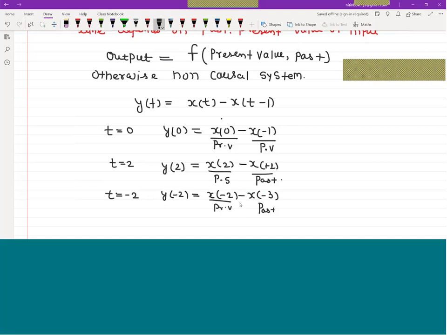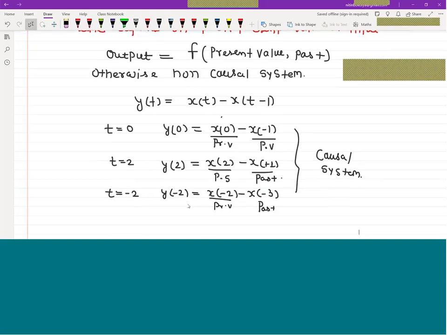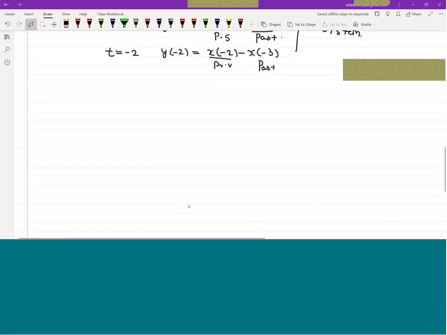So what I can say, this system is overall a causal system. So we have to check for one positive value, one negative value, and for 0 you can check. है ना, कहीं ना कहीं आपको पता लग ही जाएगा.